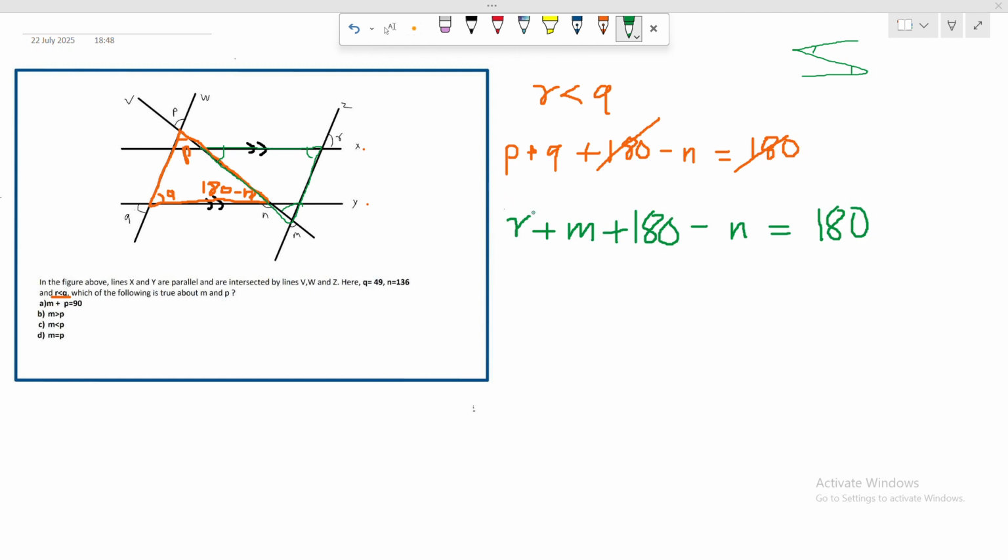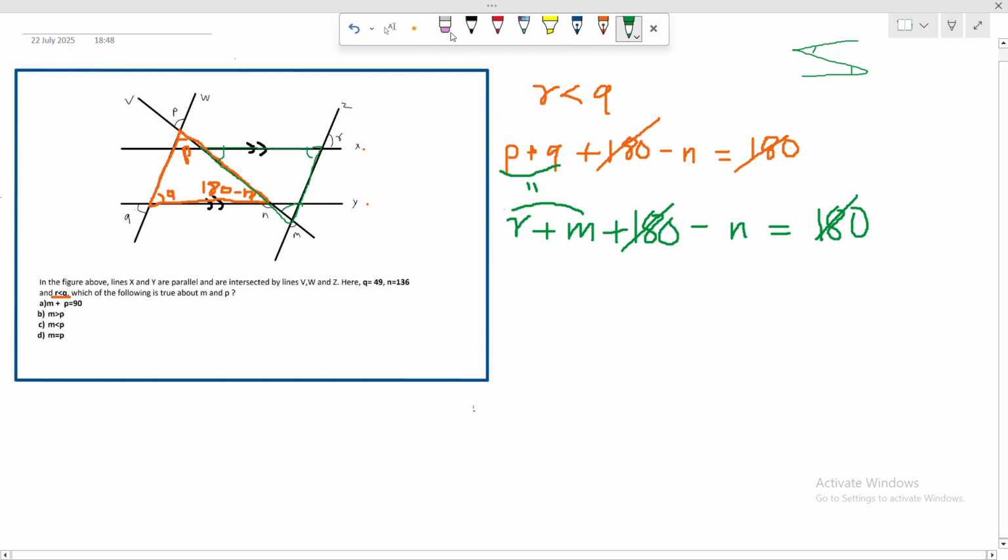After writing down the condition, we can cancel here also 180 and 180, right? So what will be the result? The result will be n is equal to the sum of r plus m as well. So here also n and here also n. So if the sum of p plus q is n and the sum of r plus m is also n, then they both must be equal, because both are n.